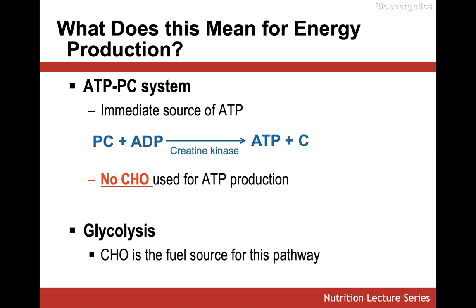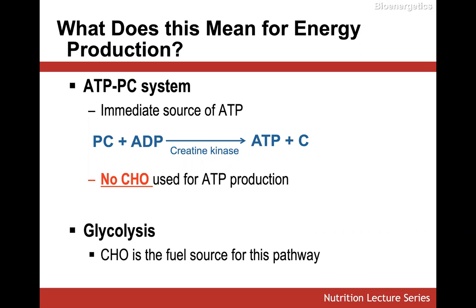So that leaves the next 2 energy pathways, glycolysis and oxidative phosphorylation. Again, glycolysis is anaerobic, so you're not using oxygen to create ATP. And what we find is carbohydrates are the only fuel source that the body utilizes to create ATP through the glycolytic pathway under anaerobic conditions. So when you're doing your sprints, when you're doing 400s or doing high intensity work in the gym, you're primarily burning carbohydrates.